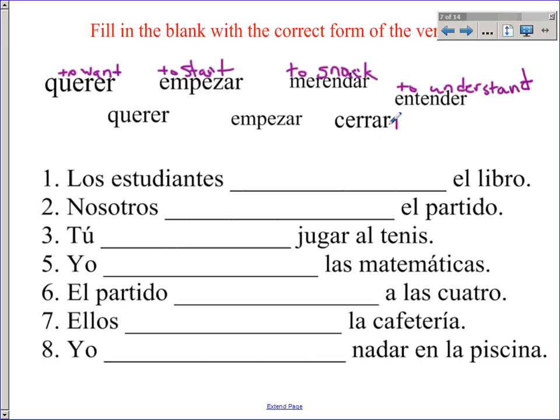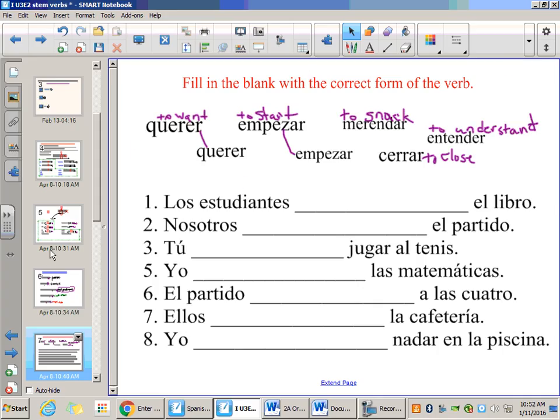Do you remember what that one was? To close. That's the same. And querer is also the same. Okay, take a minute to fill in the blank.